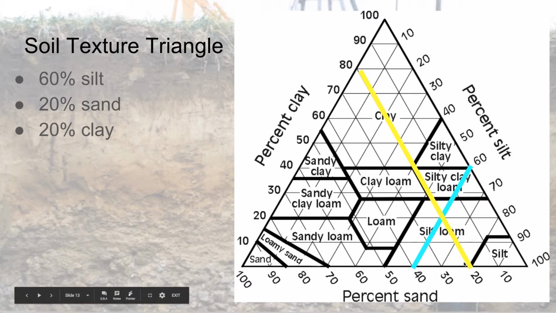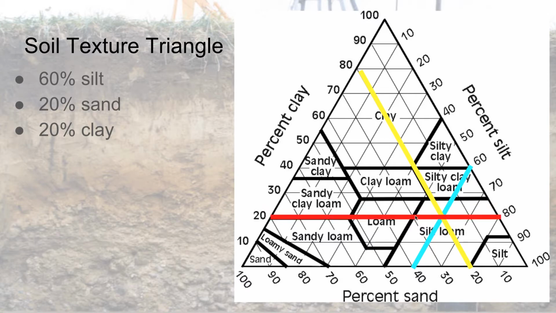And finally, it is 20% clay. So 20% clay would be this line right here. And clay is read going straight across. Where all three lines intersect is the type of soil that we have. So we have a type of soil that is called silt loam. Silt loam.